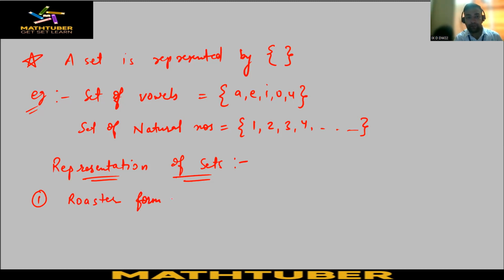Roster form, or you can say tabular form also, the one which we have studied so far. For example, this A, E, I, O, U. This one is known as roster form, or the tabular form, right? Because it is having all the elements in it, right?